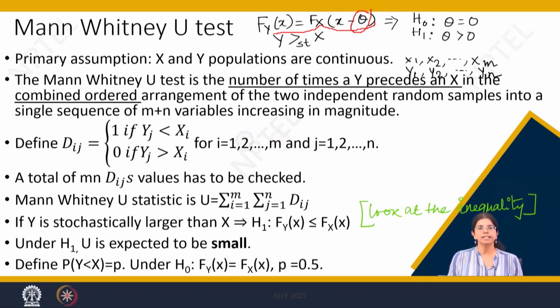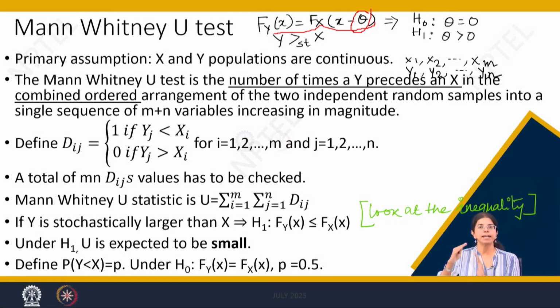Now, if your alternative hypothesis is y stochastically larger than x, that means the distribution function will be in reverse order. Look at the inequality. Stochastically larger than x means that for smaller values, the probability will be higher for x, and for larger values, the probability will be higher for y.